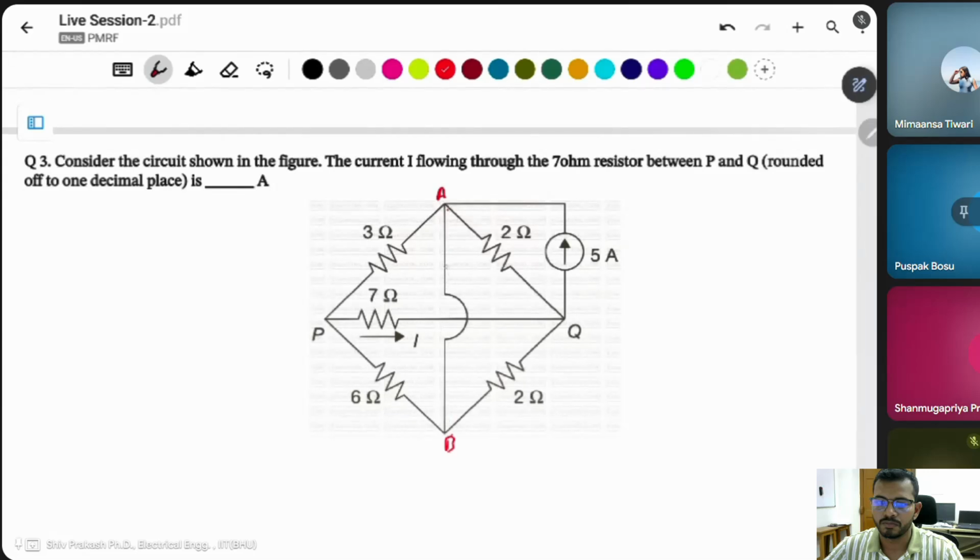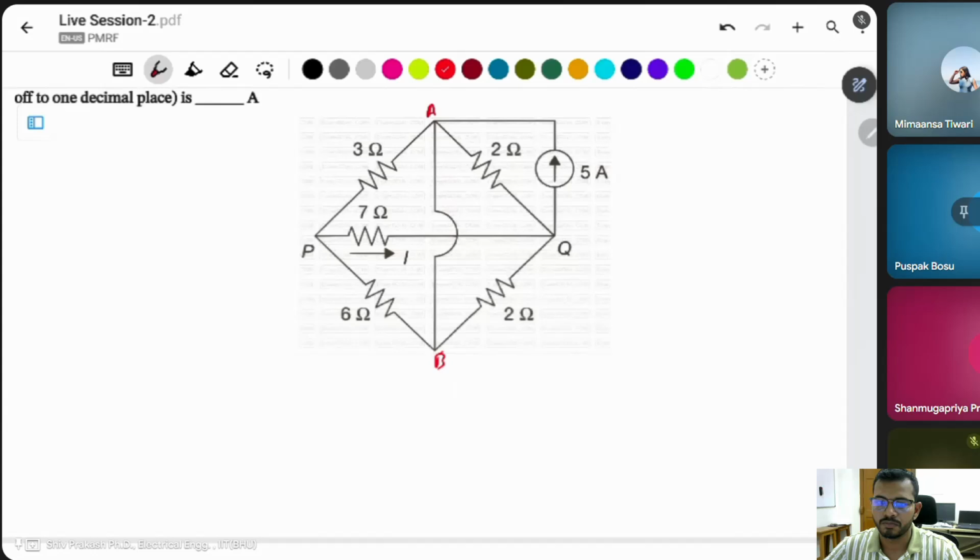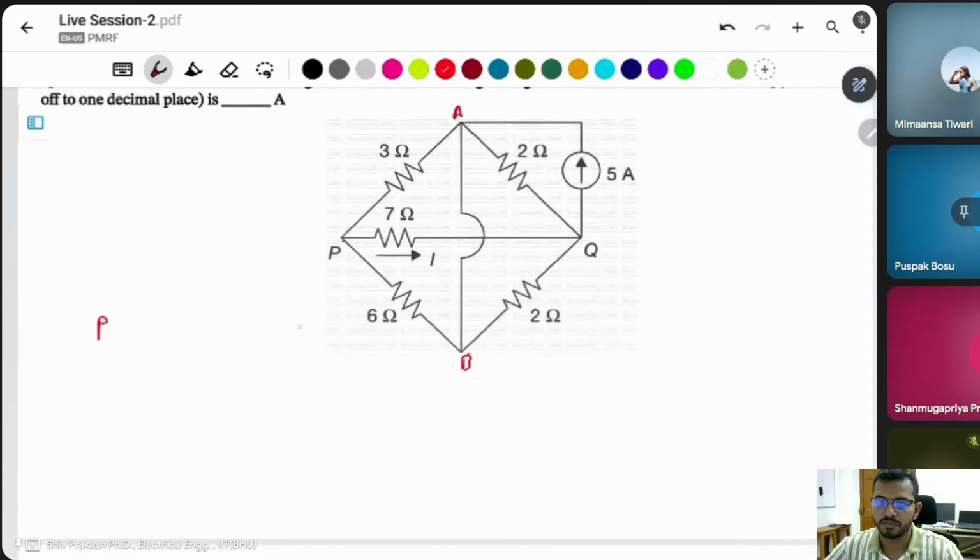Here a short circuit is given, simply connecting A to B, and there are 4 points, P here, Q here. I take A and B here.